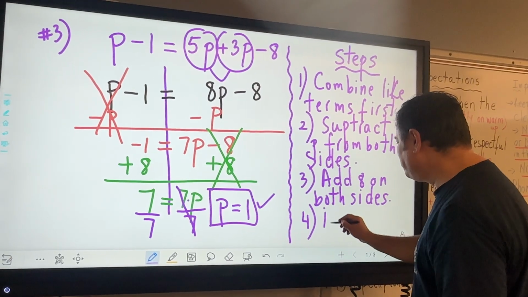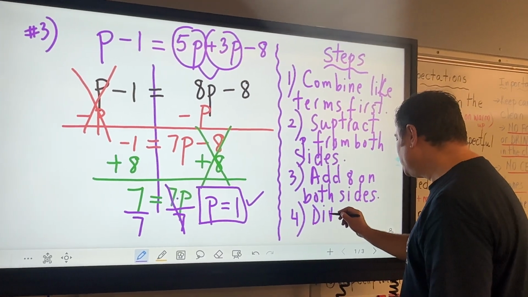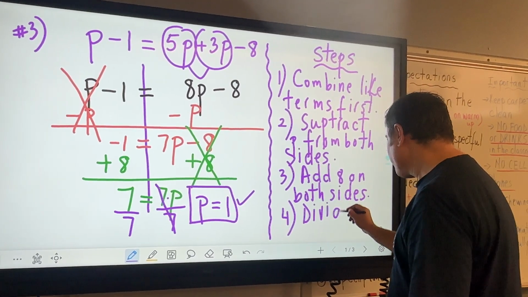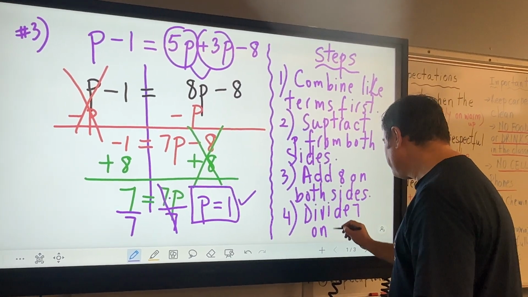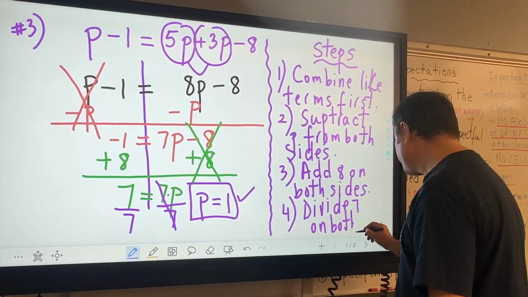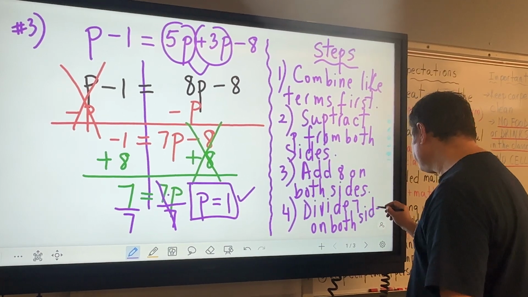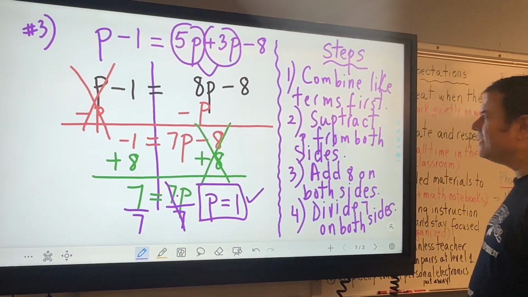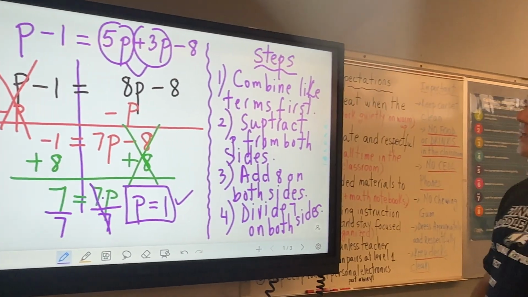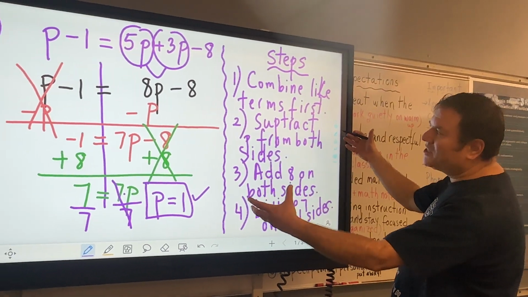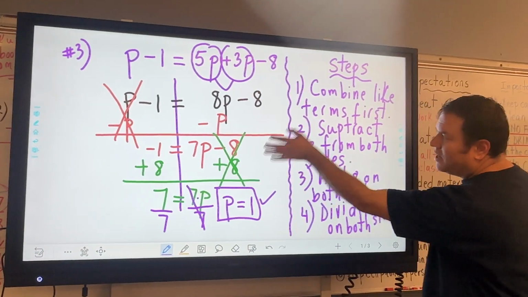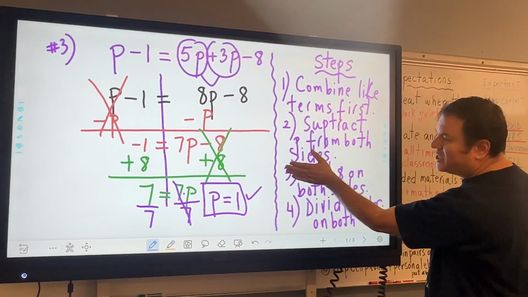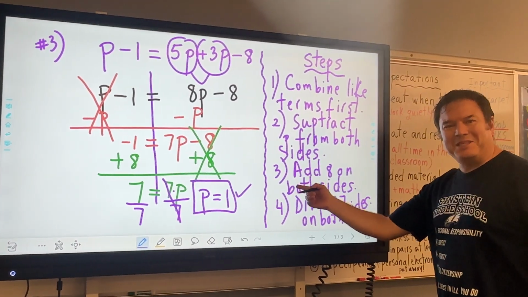So divide both sides by 7. Well, not that complicated, right? You just do it step by step. Again, please remember to combine like terms first and then do step by step until we find the answer.